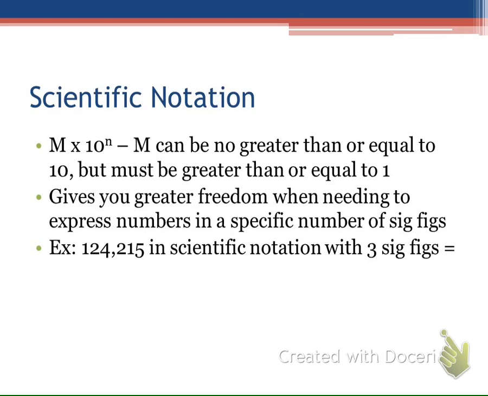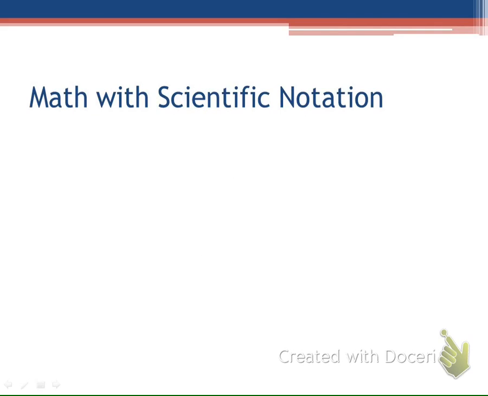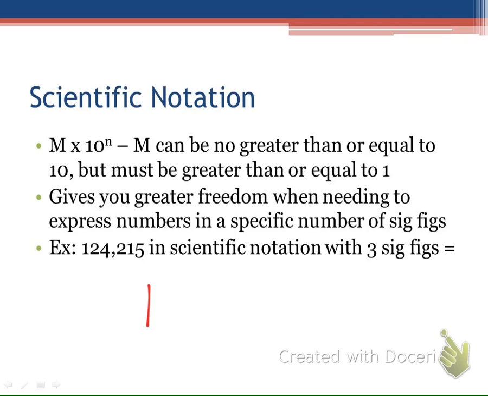So let's say that I needed to express that specific value with 3 sig figs. Tell me what my number would be. I'll give you just a second to finish getting it written down. Times 10 to the 5th power. 1.24 times 10 to the 5th. Do we agree?